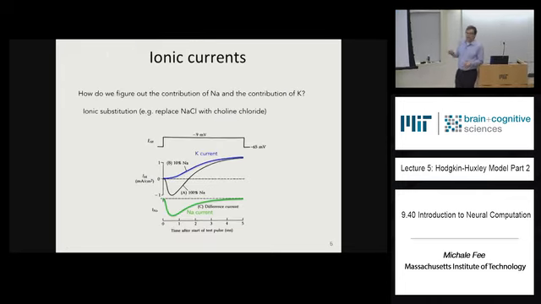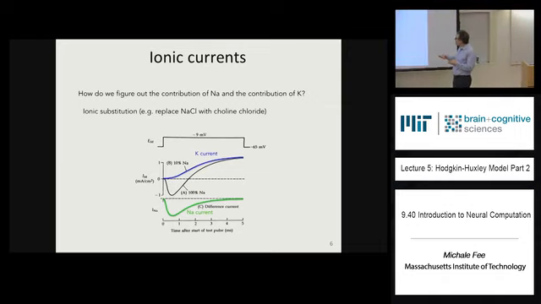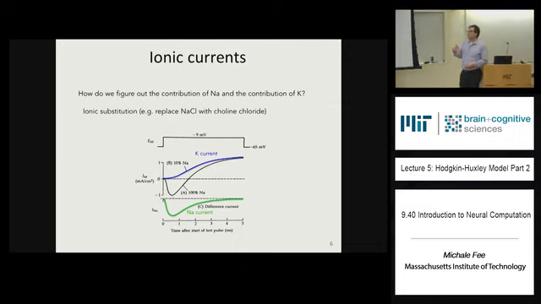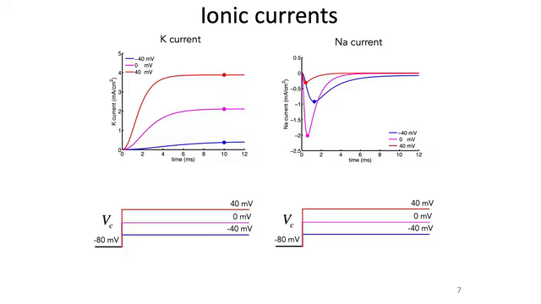Okay, so now let's just review quickly how we took these current curves and from those extracted the conductance of the sodium and potassium ion channels as a function of voltage and time. Okay, so what we did was we looked at the case where we do our voltage clamp experiment to different voltages.